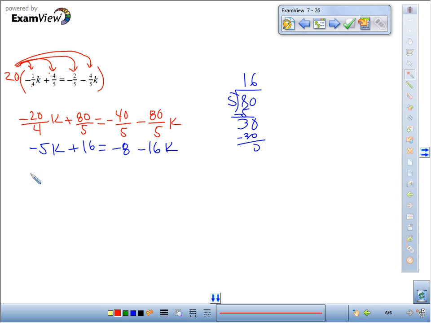Like I said, I could start at 5, but I'm going to start at -16. This becomes plus 16k on both sides. We're left with, what is 16 minus 5? 11k. I bring down the plus 16 and equals -8.